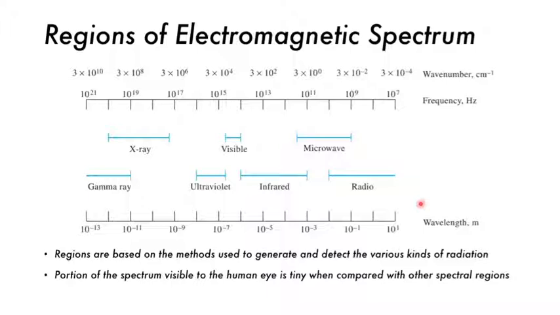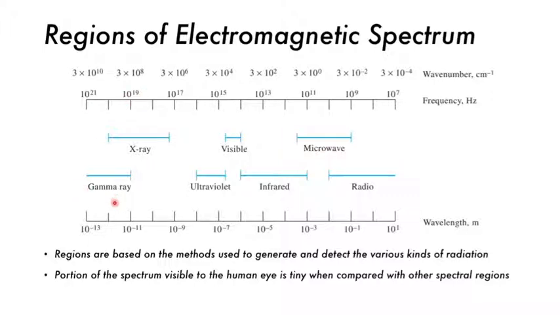Here we have a little number line of those electromagnetic spectrum regions. We have the wave number at the top, the frequency, and the wavelength. These can be interconverted, and we'll see ways in which they can be converted later.